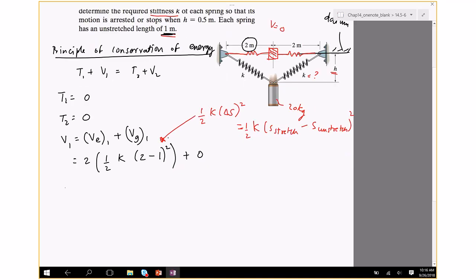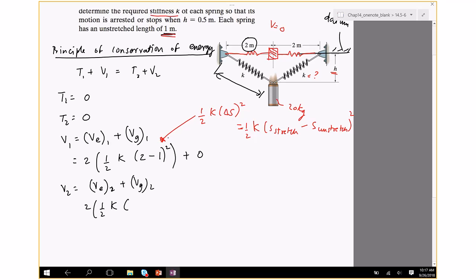So that's V1. V2 is VE2 plus VG2. Again, the potential due to springs is going to be twice the energy of one spring, so half K times the stretch. We need to find the length of the spring when it is stretched.